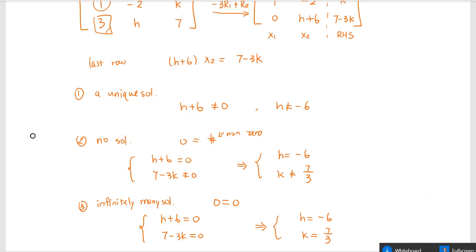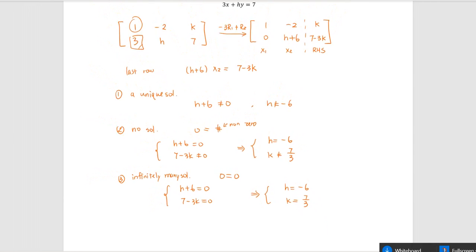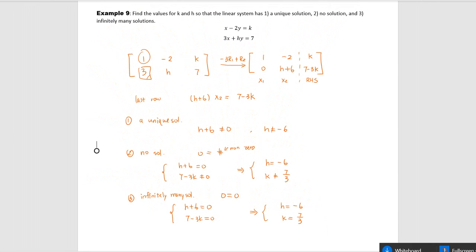Okay, then we finished this problem. We found the values of h and k so that the system has a unique solution, or no solution, or infinitely many solutions. Do you have the same answer?